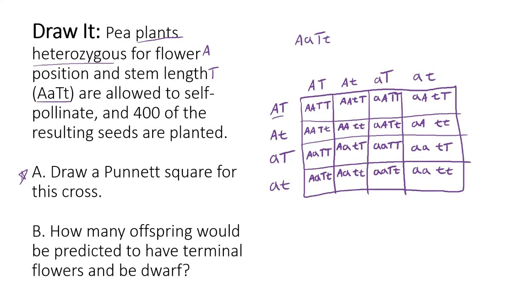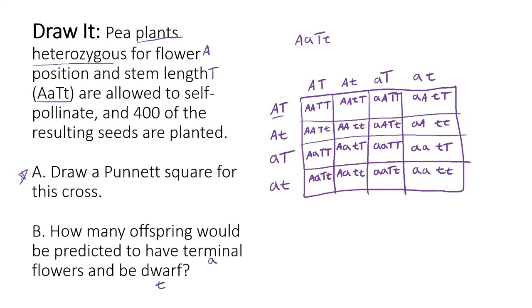The next question is, how many offspring would be predicted to have terminal flowers and be dwarf? Terminal flowers and be dwarf. So one thing we need to know is the dwarf variety of this gene is the recessive trait, and the terminal variety of this gene is also a recessive trait.